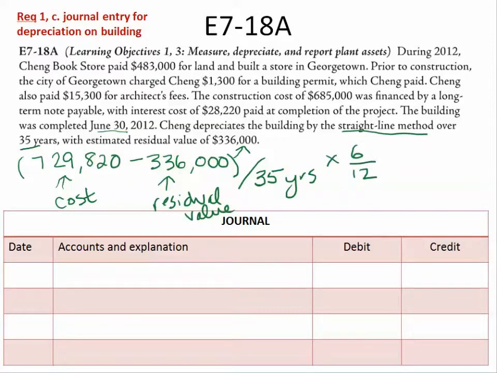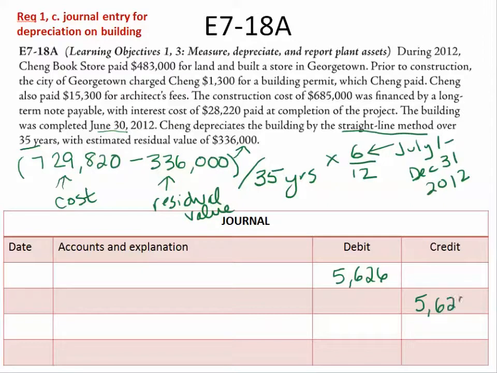Here we have July 1st to December 31st, 2012, so 6 months out of 12. That total is going to be $5,626.